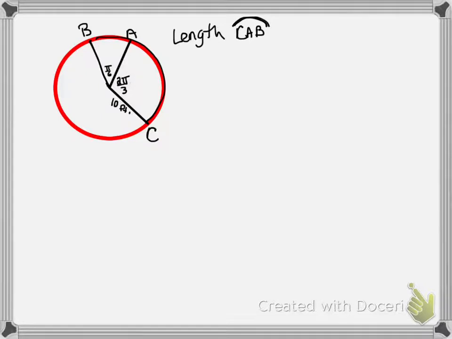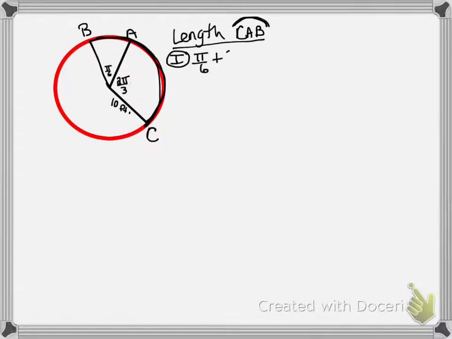Arc is symbolized by the little arc symbol on top. So they want this whole part going around this way. The angles are given in two little pieces, in radians. There are two ways to do this. One way is to add them up, which you'll have to do any way you look at it.